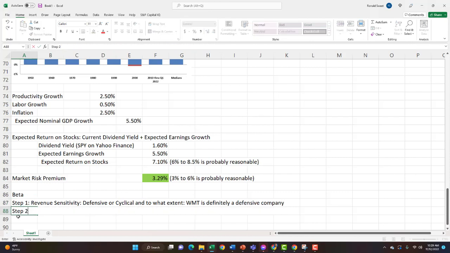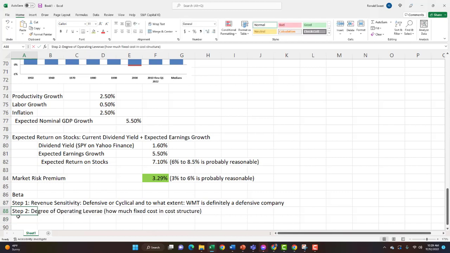Step 2, I'm going to ask about the degree of operating leverage. How much fixed cost is in the cost structure? Because if a firm has a lot of fixed costs, then their net income is going to be more volatile, and that makes them more risky.